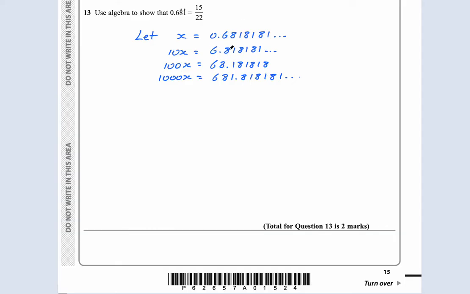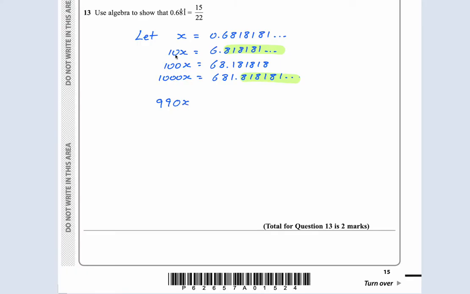Now note this one and this one have the same decimal points. 818181, 818181. So what I can do is I subtract them. I say 1000x minus 10x. So 1000 minus 10 is 990. 990x.